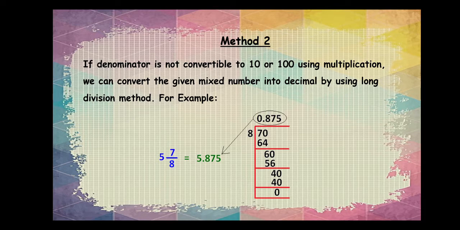Now it is 40. So 8 times 5 is 40. After long division, we get 0.875. The whole number we write as it is. So when we convert 5 whole 7 by 8, it will be 5.875.